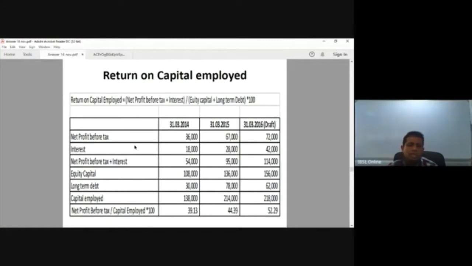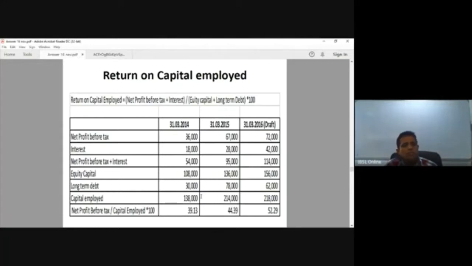Because here we are considering the return for the entire capital. Capital employed, the entire capital, consists of equity capital and debt capital, right? When you want to see the return for debt capital, we are paying interest. That's why we add back the interest.